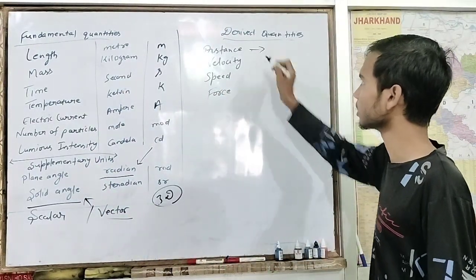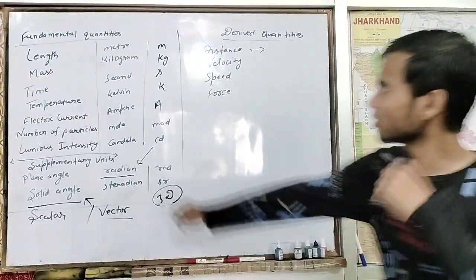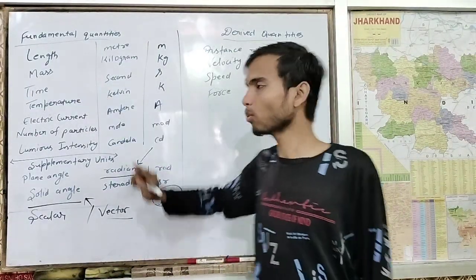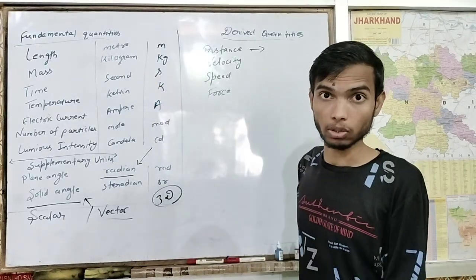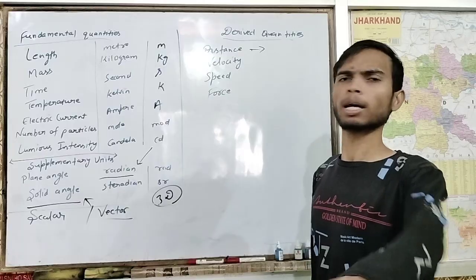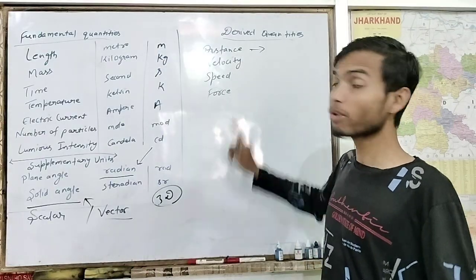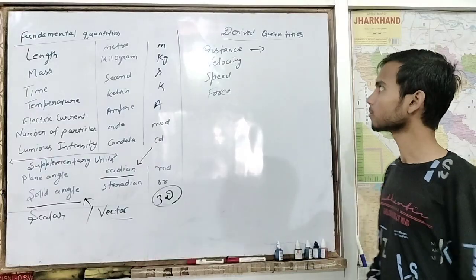Let's take distance. If we take length, we only get meter, not another quantity. But in this, you will observe that we take one quantity, but another quantity also comes.